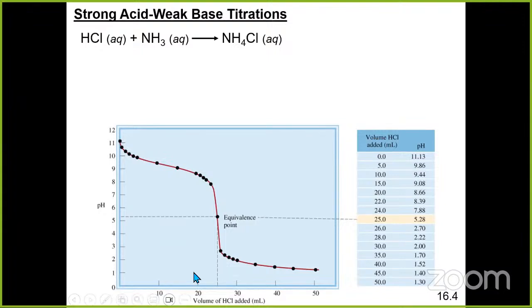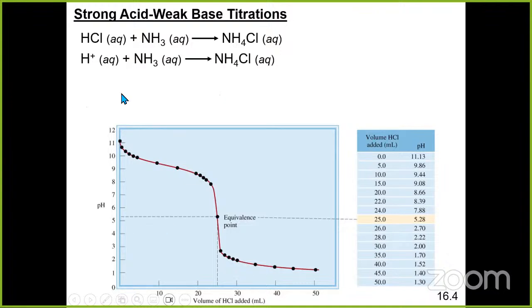Don't know why, but that's how they do it. In any case, since the base is in a flask, the pH will be very high. And then as you add your acid, the pH will fall until you get to the equivalence point. And you'll notice that the equivalence point is less than 7.